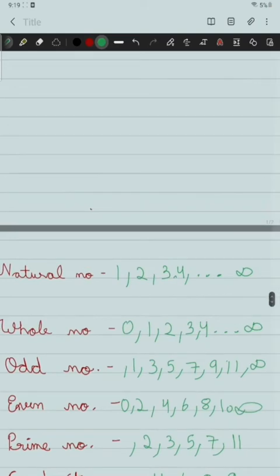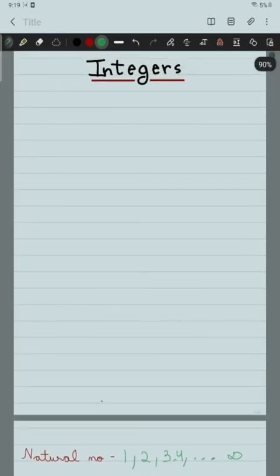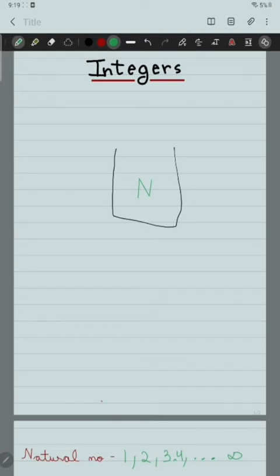We can also understand integers with the help of this trick. Suppose this is a basket. It is full of natural numbers. We have another basket, or you can say a polythene bag. It is covering the bag in which there were natural numbers, and it also has 0 in it.